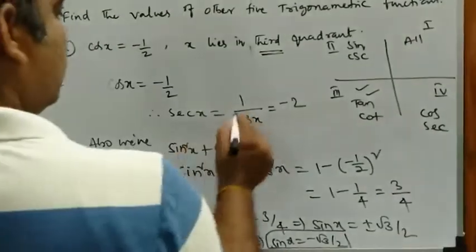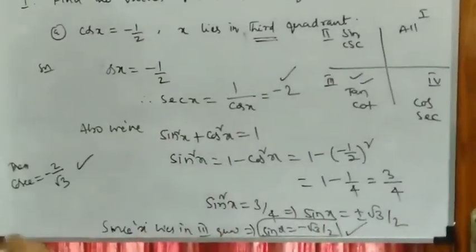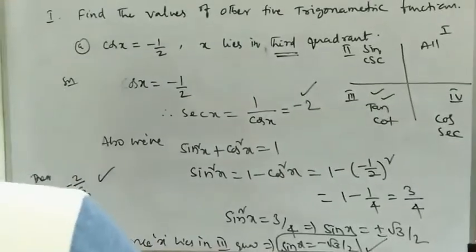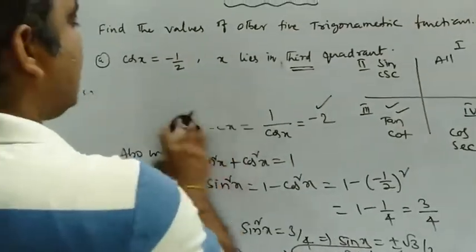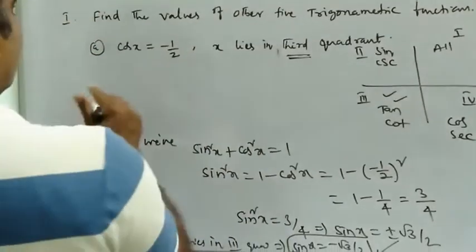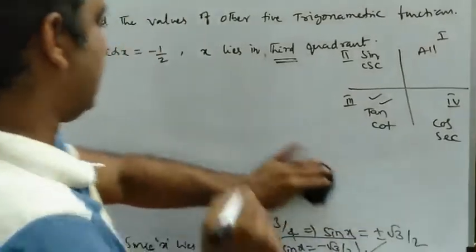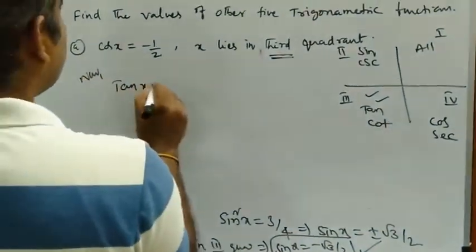So already we have calculated secant x, sin x and cosecant x. Now the other value to find out is tan x. So we know that tan x is equal to sin x by cos x.